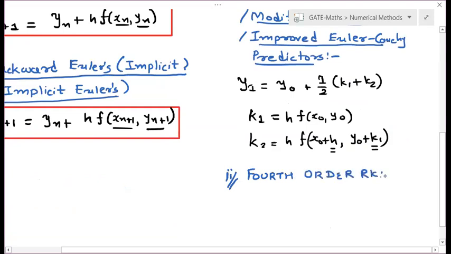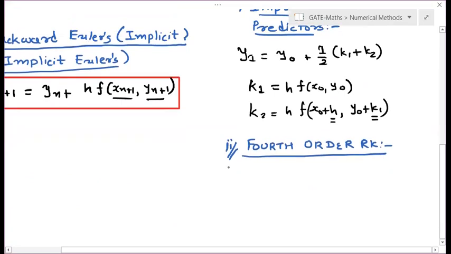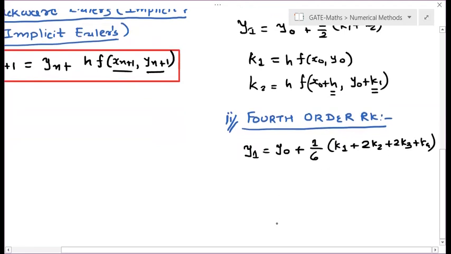For fourth order RK, your y1 is defined as y naught plus 1 by 6 (k1 plus 2k2 plus 2k3 plus k4). Your k1 is h f of x naught, y naught. k1 will always be the same.